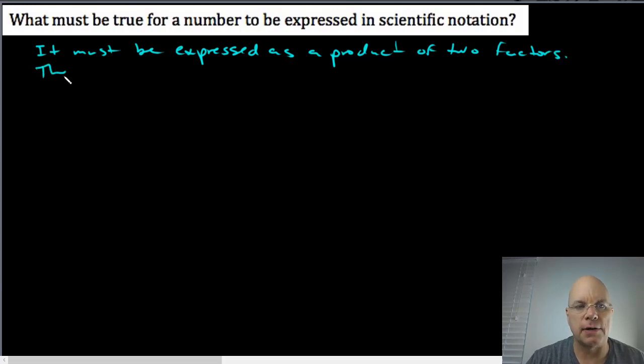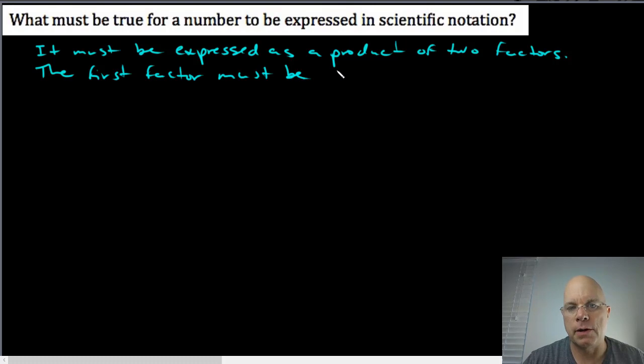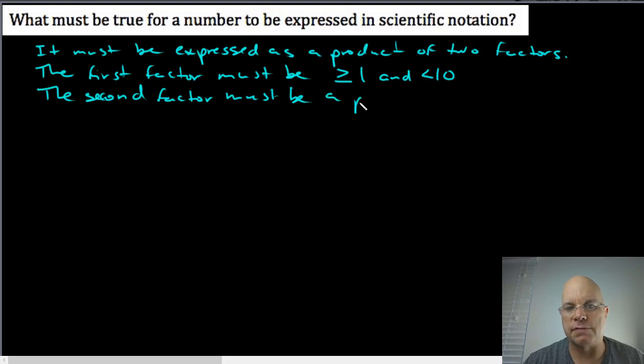The first factor must be greater than or equal to 1 and less than 10. The second factor must be a power of 10.